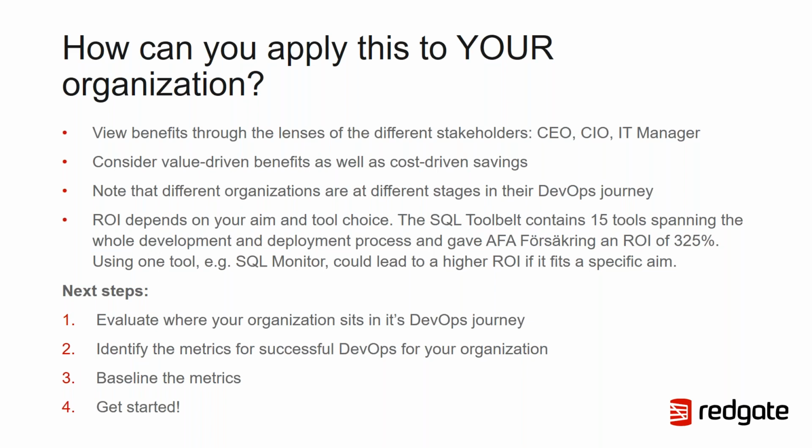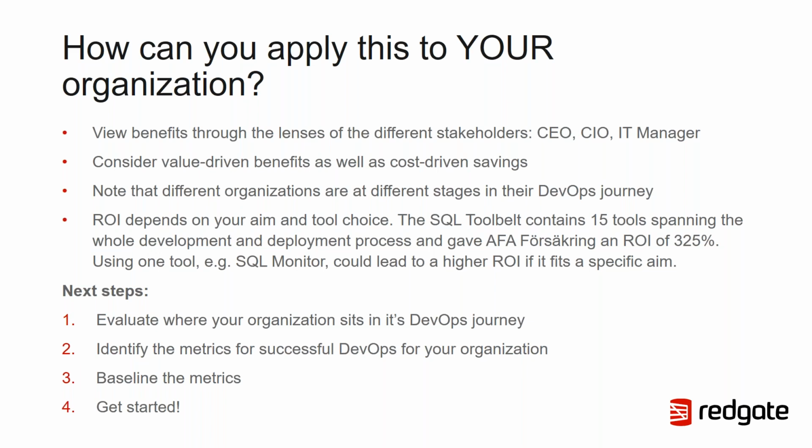Identify the metrics that you will be using to measure successful DevOps process implementation for your organization, and then baseline those metrics. So this is where we are today. This is what's important to us. This is where we are today. Then start adopting and embracing some of those DevOps practices and processes with maybe some tools to help smooth that transition, and then start measuring the rewards, the benefits that you get off the back of that.